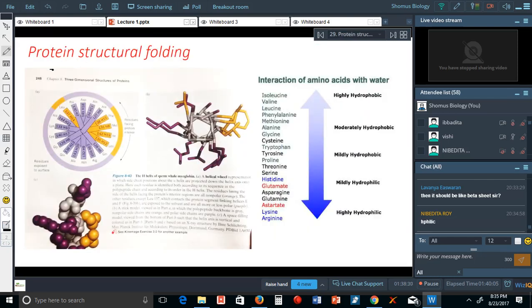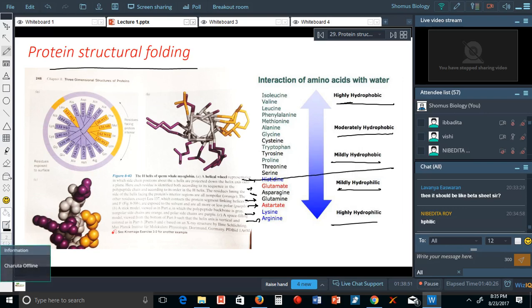So you can look at the structural folding based on the hydrophobic nature of the amino acids, and you go with highly hydrophobic, moderately hydrophobic, mildly hydrophilic, and highly hydrophilic. The highly hydrophilic ones will be all the charged ones: arginine, lysine, aspartic acid, glutamic acid, glutamine, asparagine, histidine, all of them will be hydrophilic.